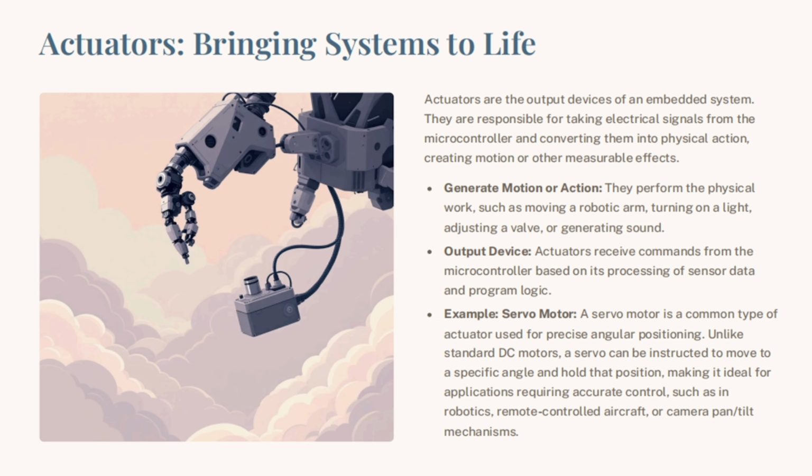Unlike a standard DC motor that just spins, a servo can be instructed to move to and hold a very precise angle. This level of accuracy makes it indispensable for robotics, controlling the flight surfaces of remote controlled aircraft, or managing camera pan and tilt mechanisms.